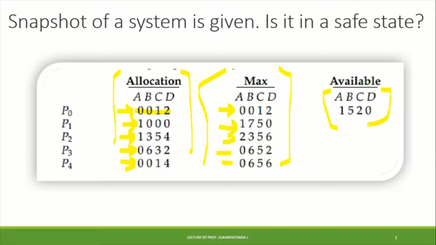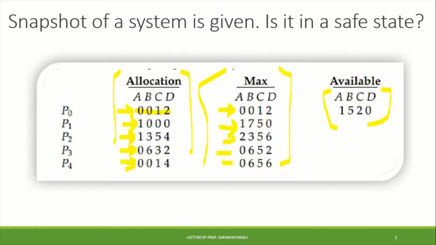Now, how do we understand whether there will be a deadlock or not? So, the state is safe if all the processes at this time instant can execute in some order. The order of execution doesn't matter, but all the processes at that given instant must execute in some order. Everyone should be able to execute.